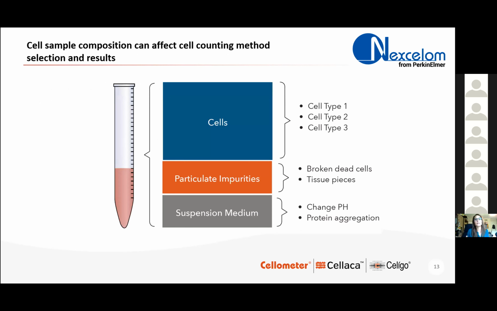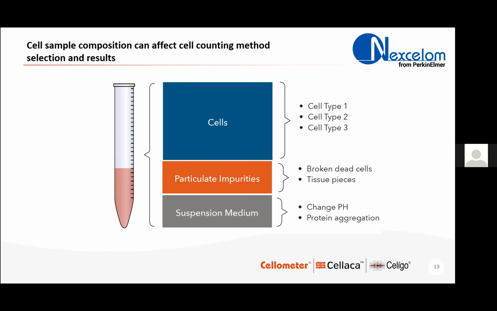So for example, you have to consider the composition of your cell samples. So say we have clean cell lines and they have high viability, then one method might be appropriate for that. But say we have a mixed sample or heterogeneous sample, or say our media has a different pH than biological pH, or say we have anucleated objects in our sample. All of those things are going to affect what method you actually select and ultimately your results.